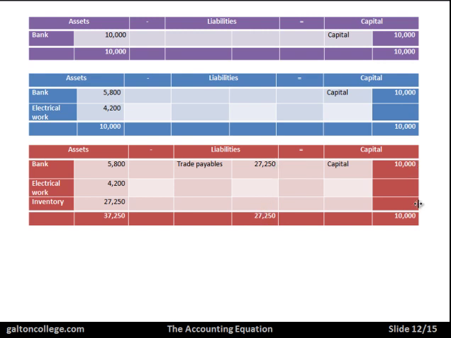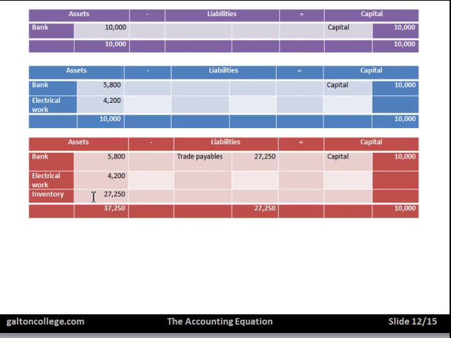But of course he still has the capital, what he put in at the start. He doesn't have it as such, because what he really has that he can get his hands on is £5,800. The rest is in components to be sold, and that's now a part of the premises.